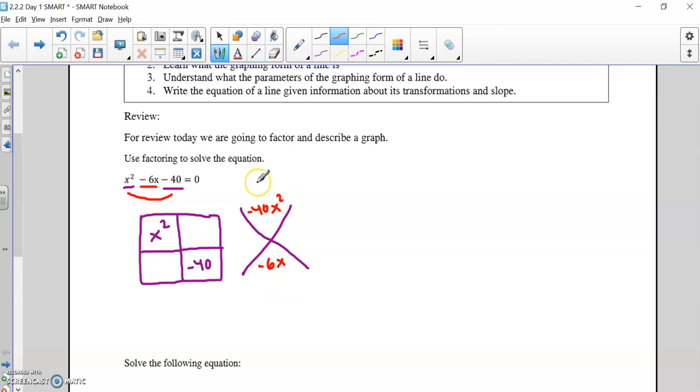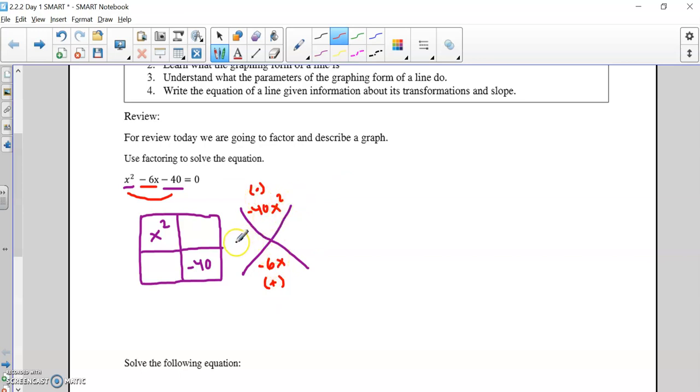What two numbers multiply, that's what that dot is, the multiplication sign, to make negative 40 and add to make negative 6? You can play around with the options, but eventually you'll see that 10 and 4 does give us the 40 we're looking for, but now we have to play around with the signs, because 10 plus 4 is not going to be negative 6, and 10 times 4 is not going to be negative 40.